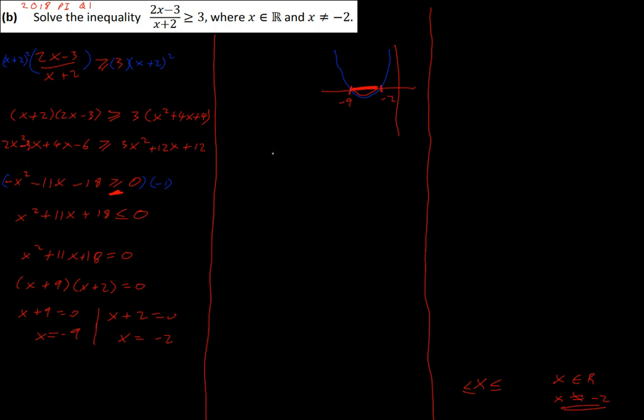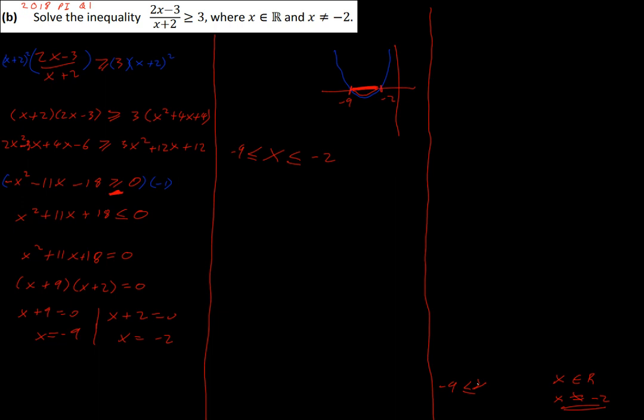Therefore, I am going to have x being greater than or equal to minus 9, and less than or equal to minus 2. Now, just from my picture, I would have a less than or equal to here. But because I've been clever and I've written down my information here, so I'd have my minus 9 and minus 2 for my final answer, I recognize that I can't have my equal sign going on there.